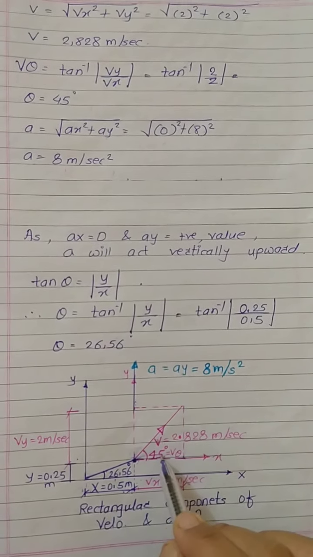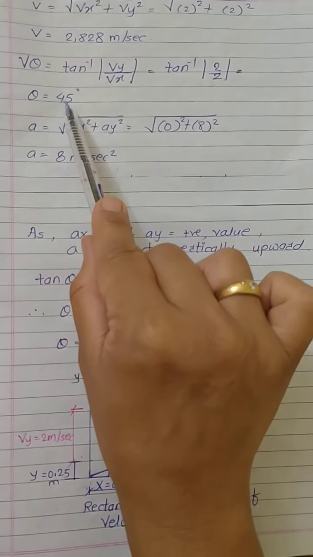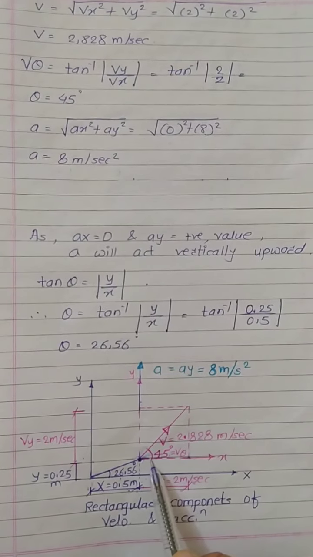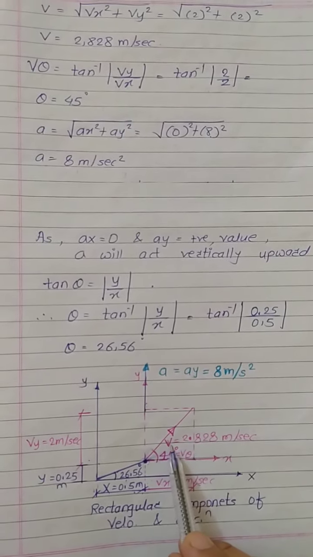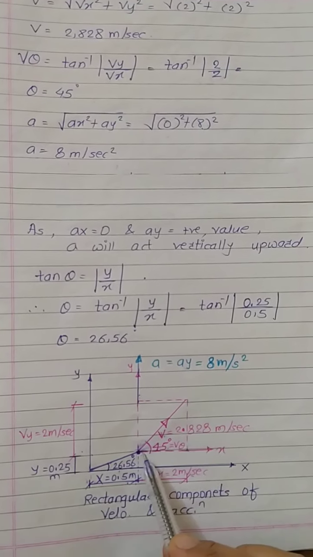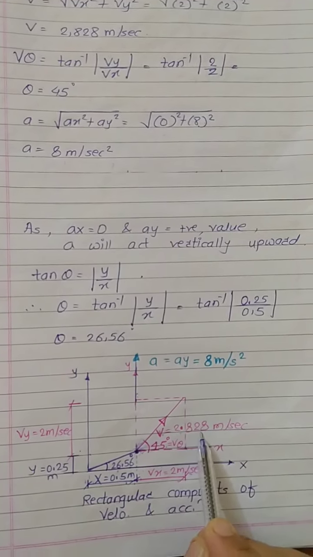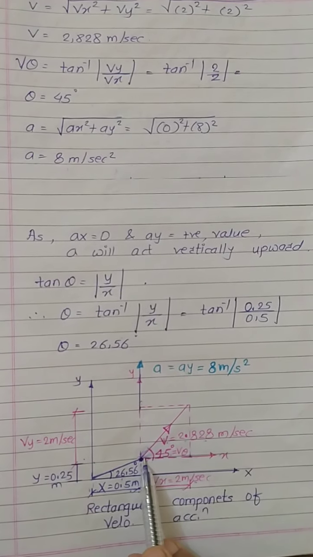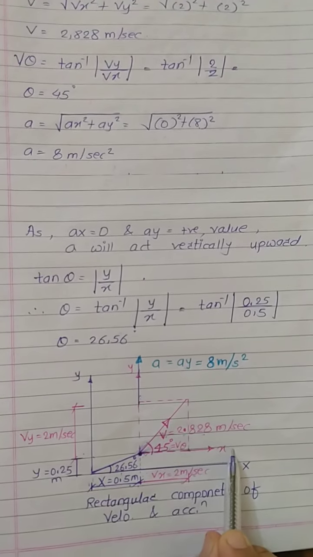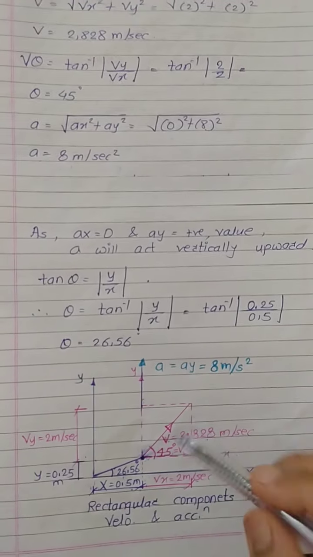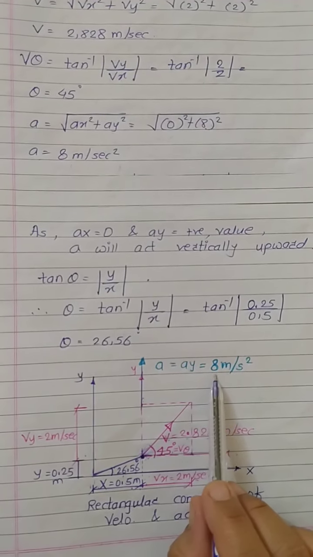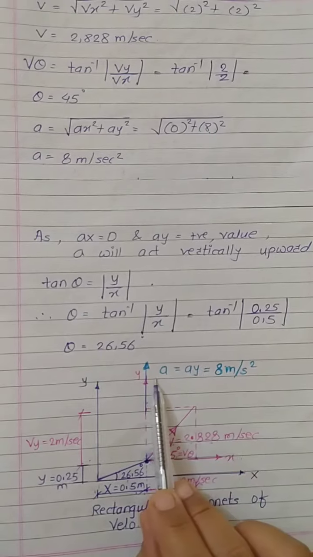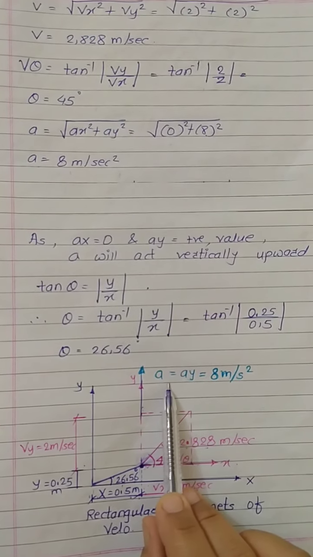So theta is 45 degree, which we have already calculated, and v is the diagonal of this, so it is 2.828 meter per second, already calculated. Now look, ax is 0, acceleration along the x direction is 0. Acceleration along the y direction is 8 meter per second square, which is again the resultant acceleration.